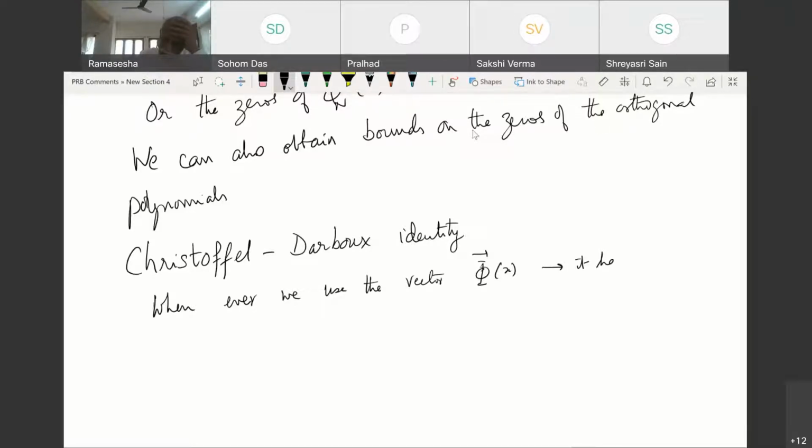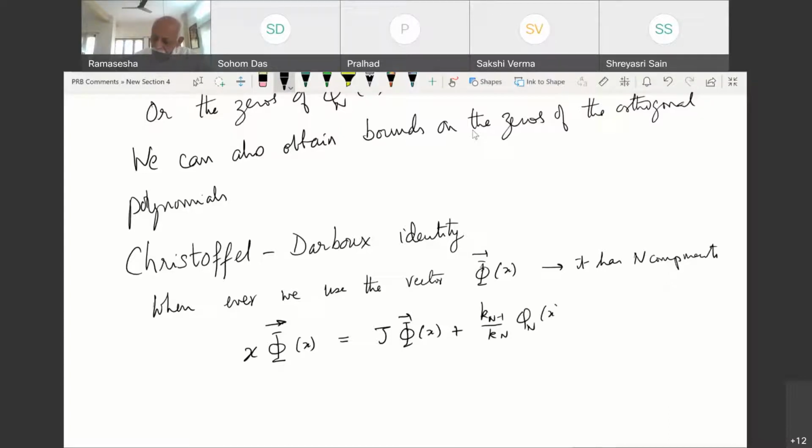I'm not going to specify n any more. So I have x times p of x, the vector, is equal to J times p of x, the vector, plus k_{n-1} upon k_n, p_n of x times the vector e_n.